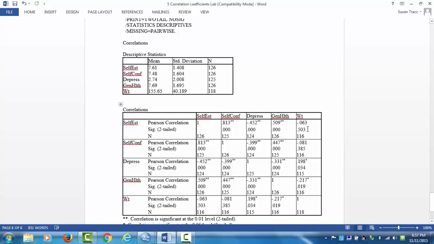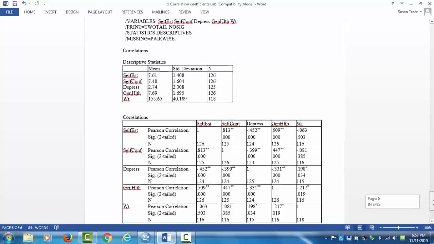We can compare this to 0.05. If it's above 0.05, it is not significant. If it's below, it is significant. And then we have the sample sizes. Notice these are generally a little bit lower than what we have above. And that's because we need scores for each individual on two variables in order to calculate the correlation coefficient. And if one of those scores is missing, that person is eliminated from the calculation.